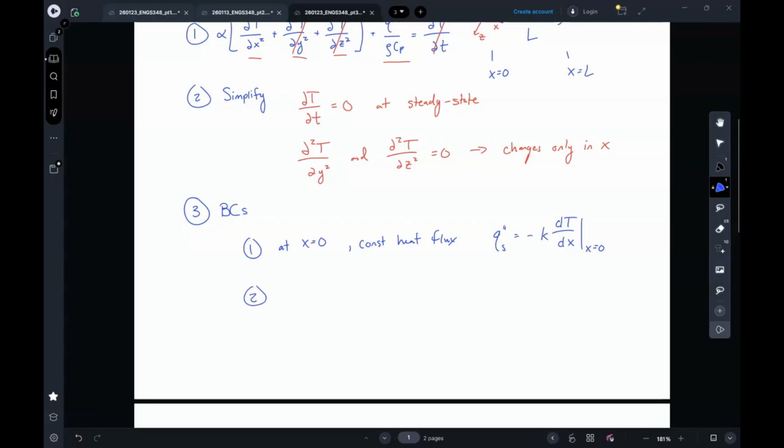Our second boundary condition is at x equals L, and we have a constant temp. So in this case, our surface temp is fixed, so that means that the temperature at x equals L is equal to that fixed value Ts.